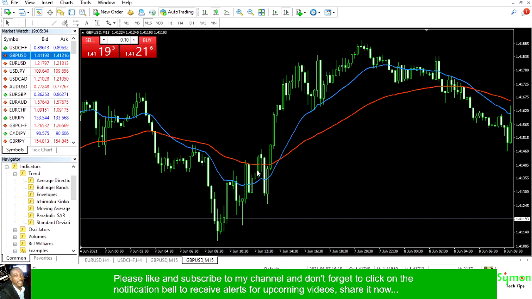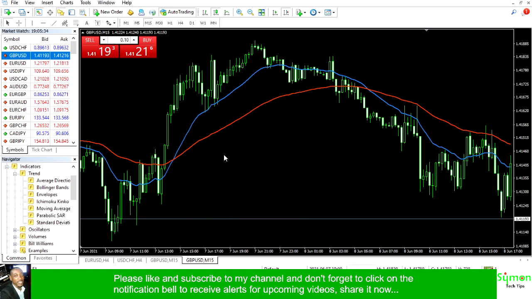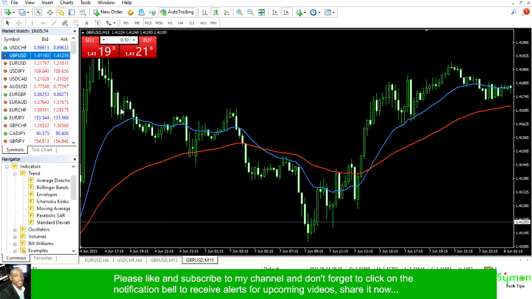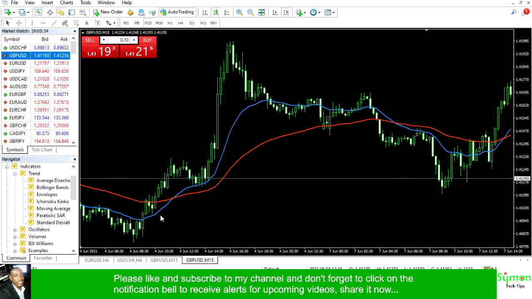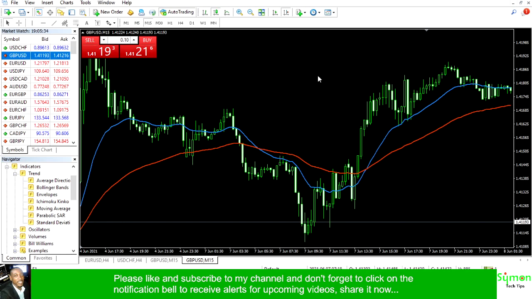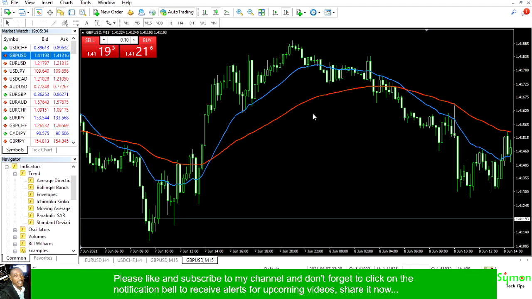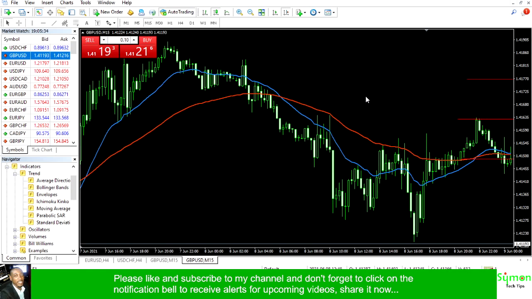So 9 winning trades, because each take profit is about 10, 20. I think we had a 30 pip take profit, and then we had a 20 pip take profit, making 50 pips profit, and then we had 8 different 10 pip targets, and out of the 8 different 10 pip targets, we had 1 loss.